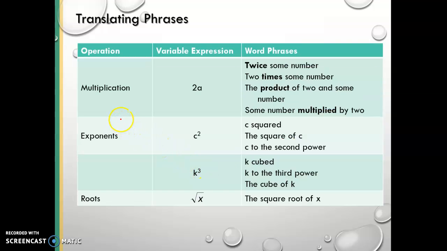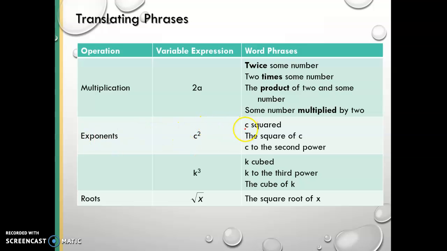Okay, so we have multiplication, 2a. It's understandable: twice some number, 2 times some number, the product of 2 and some number, some number multiplied by 2. These are all the same. For exponents, for example, we have c squared.